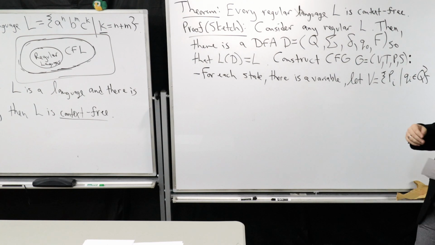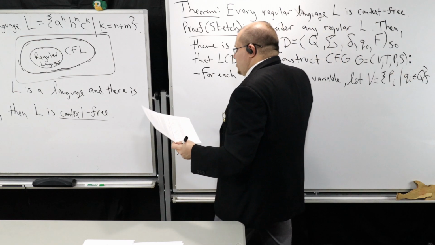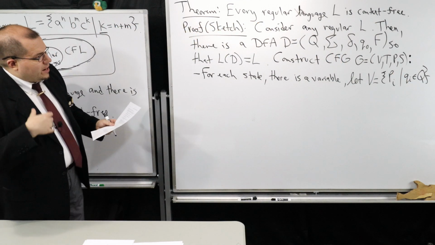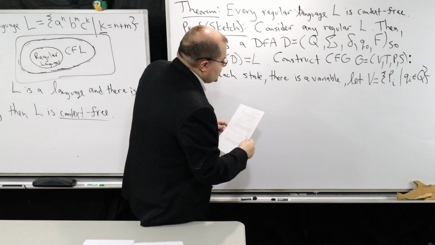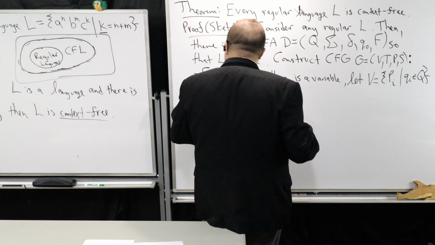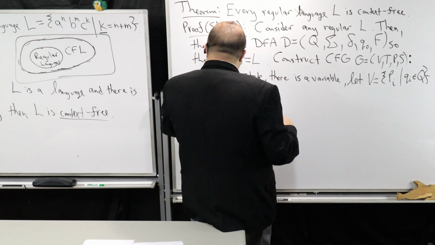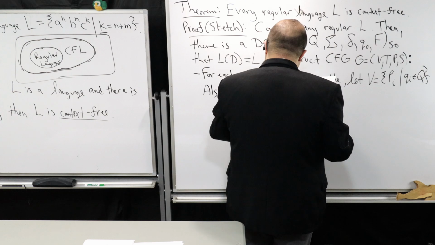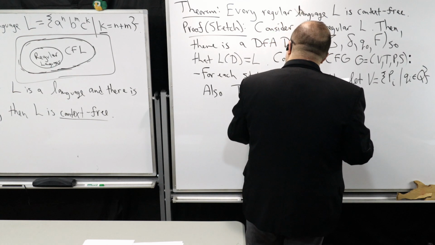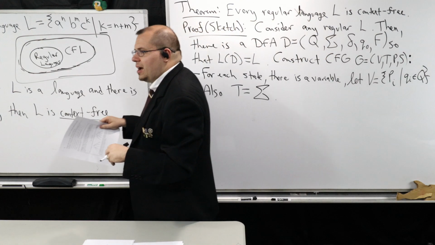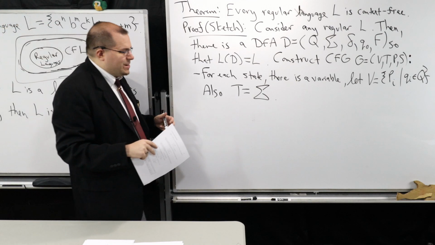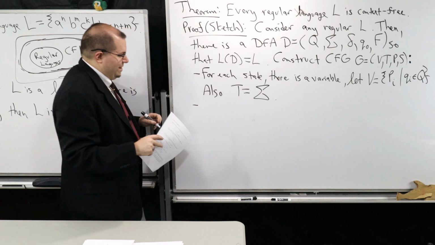Okay, good. So that's how I'm going to define the variables. I'm just going to take each one of the states and define a variable for it. Also, I'm going to define the set of terminals to be equal to the set of input symbols. That's natural. Like I've told you several times before, that intuition just makes sense.